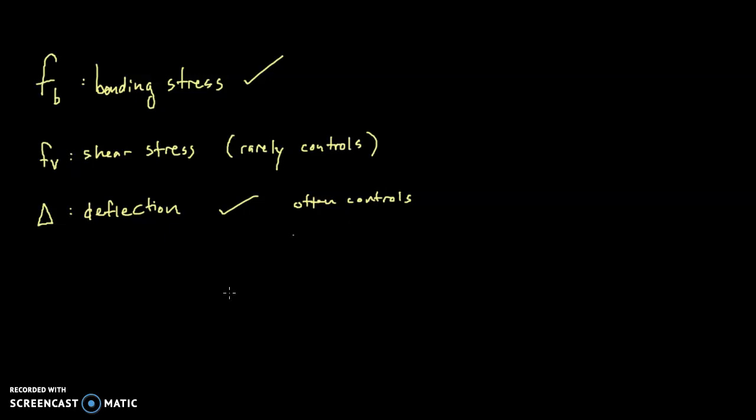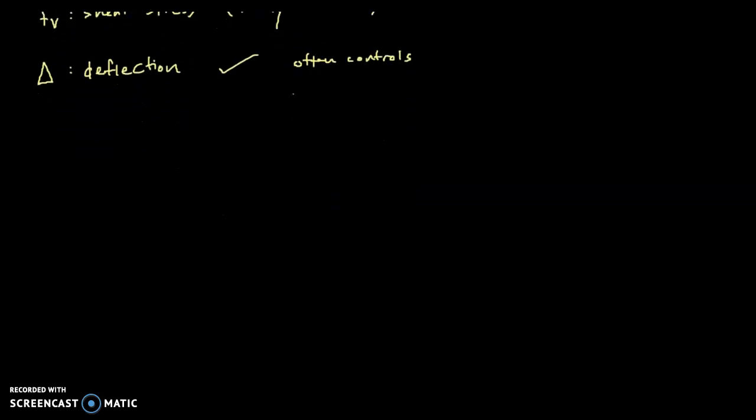So the first type of beam design we're going to look at is steel beam design. A couple formulas we need to be aware of when it comes to steel beam design is that the allowable moment equals the yield stress times the plastic section modulus divided by some factor of safety.